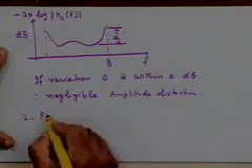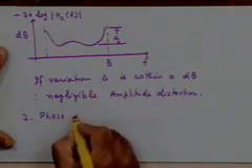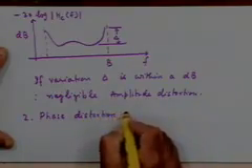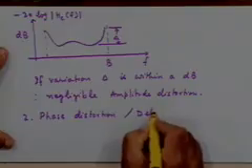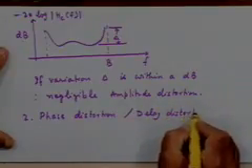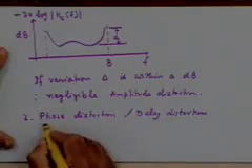As against this, we have the second kind of linear distortion, which we call by the name of phase distortion, or sometimes also called delay distortion. These two things typically mean the same thing.